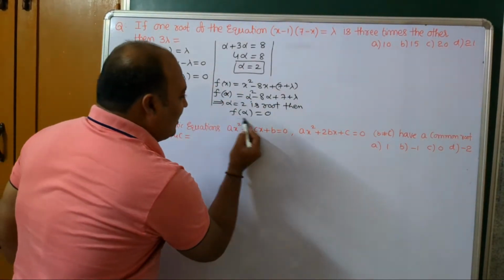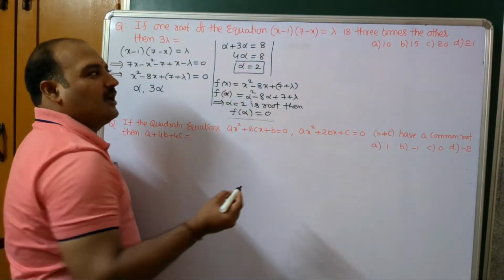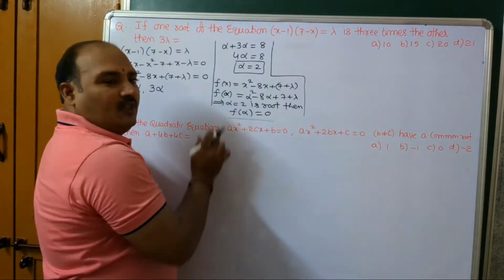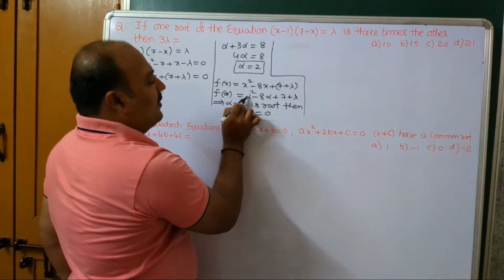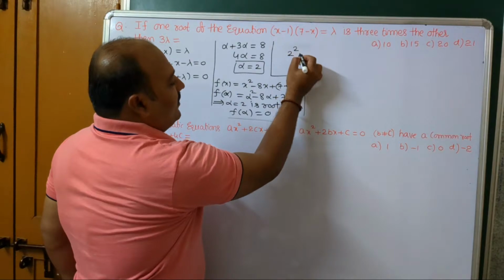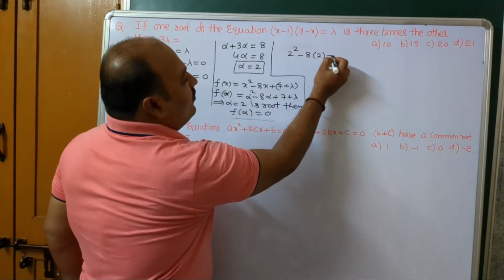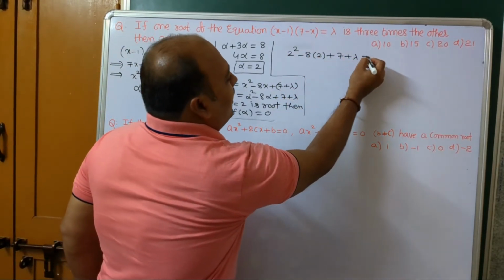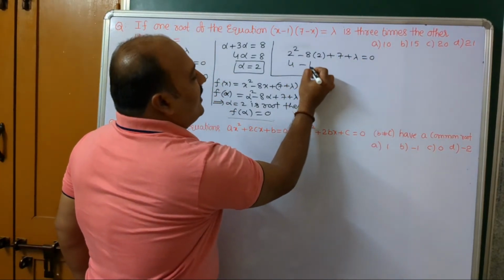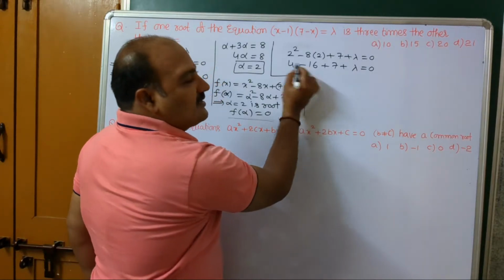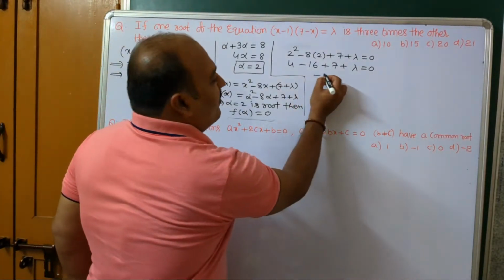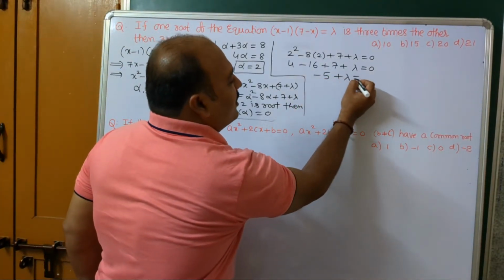This is clear information I am providing, dear students, for your understanding. f of alpha means alpha is equal to 2 only, no? So in place of alpha: 2 square minus 8 into 2 plus 7 plus lambda equal to 0. 4 minus 16 plus 7 plus lambda equal to 0. Minus 16 plus 11, how much? Minus 5 plus lambda equal to 0.